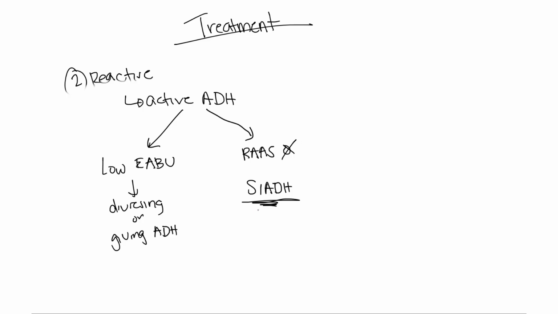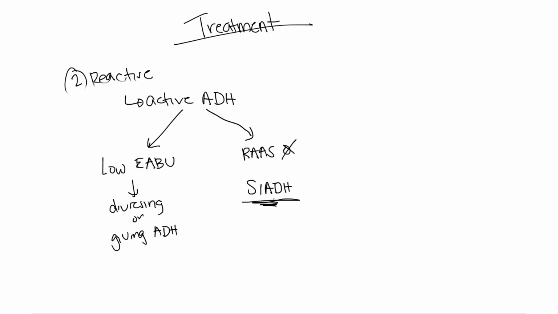Thiazide might be one exception, which is not a true SIADH but mimics an SIADH picture. But for example, let's say it's like a pneumonia or a lung cancer or some sort of SSRI type of thing. These can often be quite persistent in the body for a long period of time.